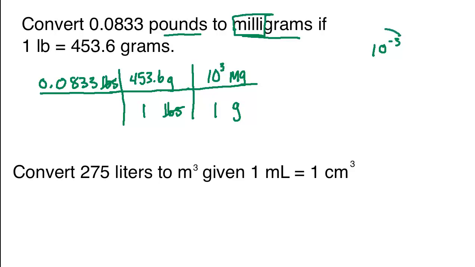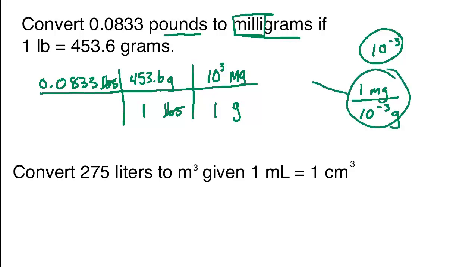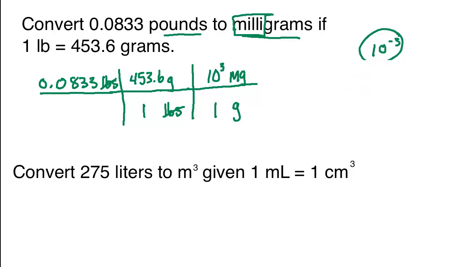Now, with 10 to the minus 3 over here, keep in mind that what this is saying is that 1 milligram is going to be 10 to the minus 3 grams. If you take a look at this, 1 over 10 to the minus 3 is the same thing as 10 to the third, right? So if I'm flipping them back and forth, you can utilize 10 to the third as long as you put it up in the numerator in this case.